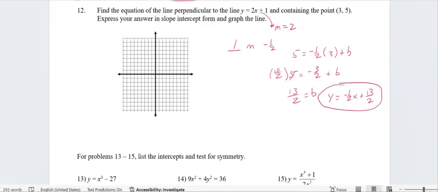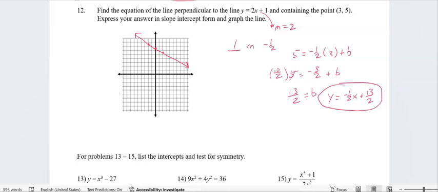Okay, so the graph of this line is 6.5 on the y-axis and a slope of negative 1/2, down 1 right 2, or up 1 left 2. And I'll try to draw a straight line through those.